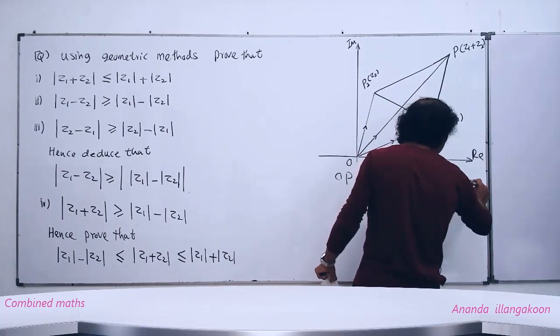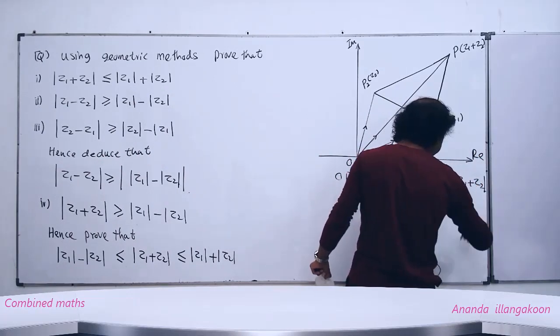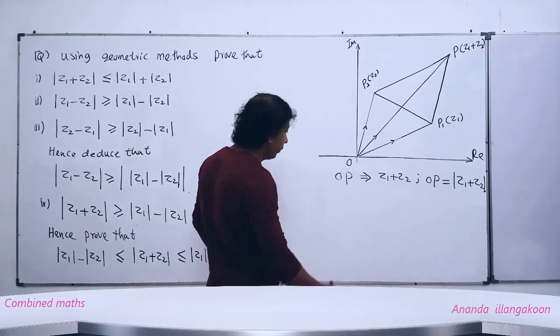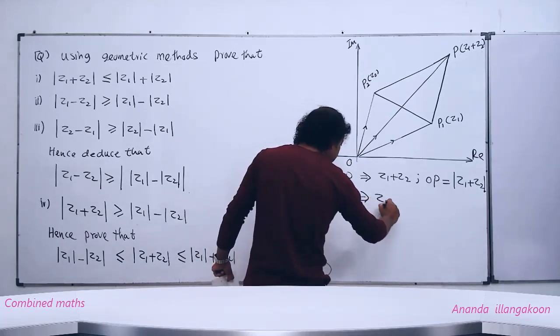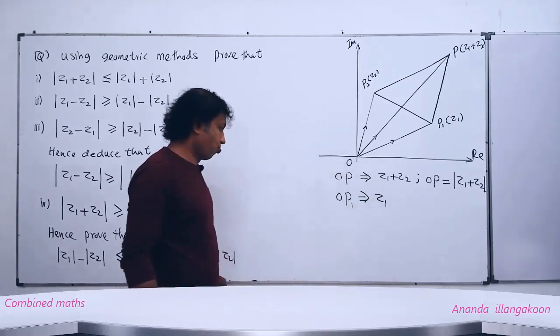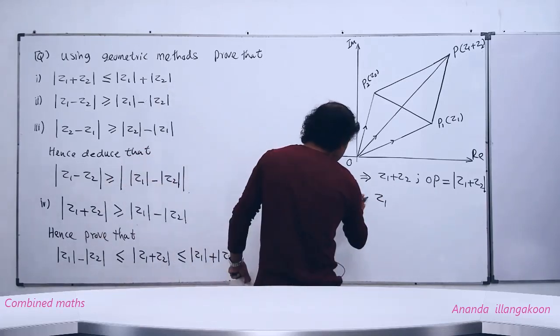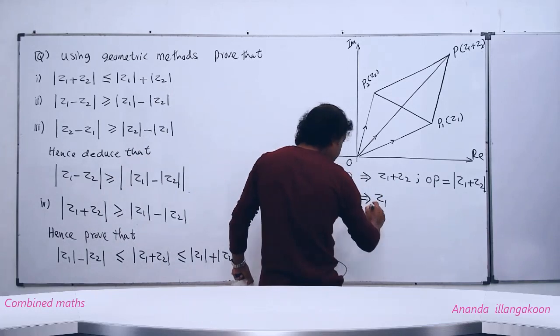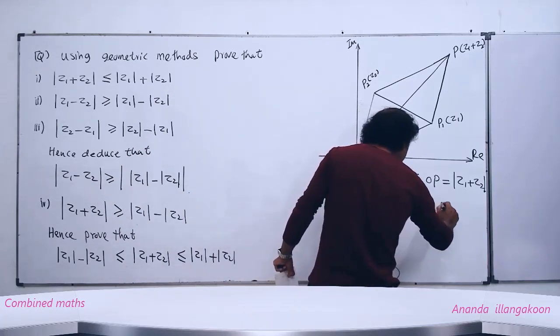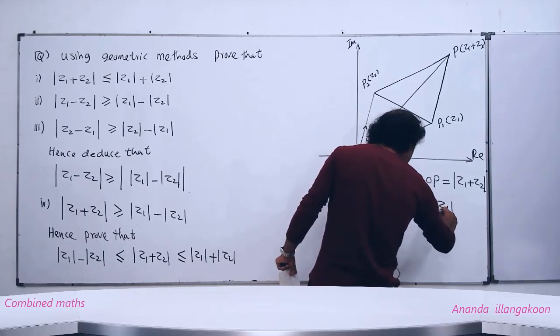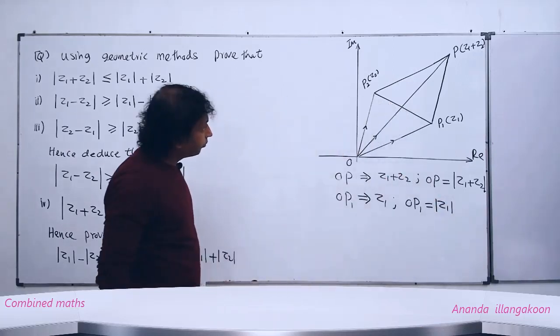OP1 line segment gives us complex number Z1, then OP1 length is equal to mod Z1.